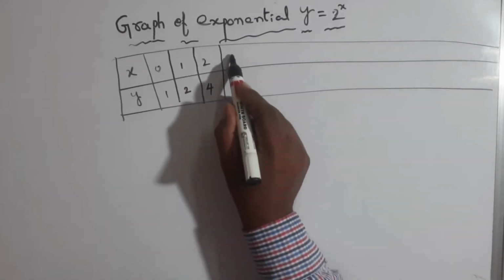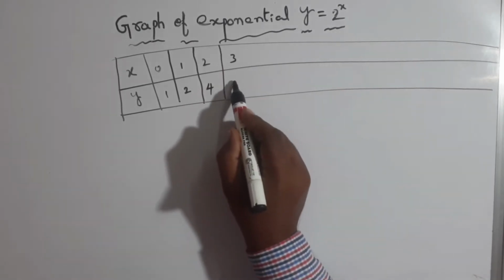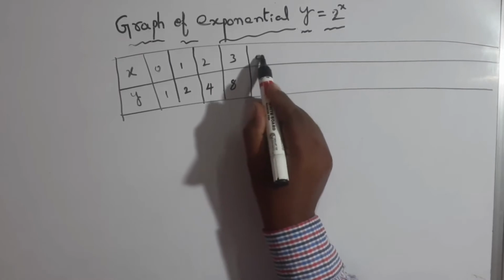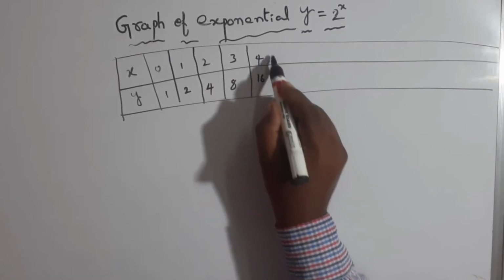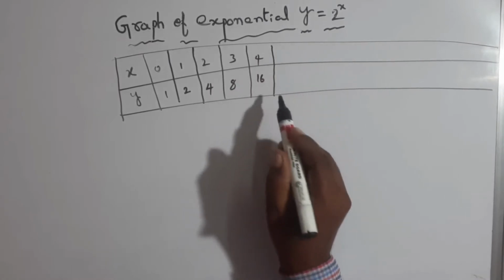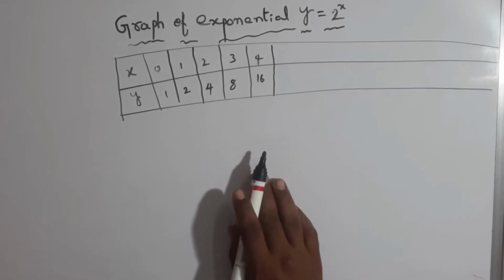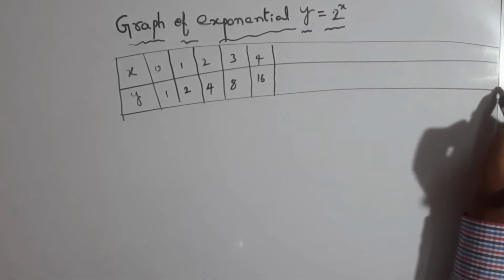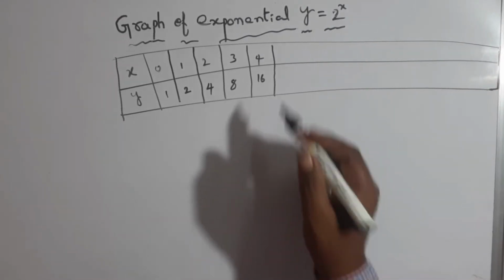What is 2 cube? It is 8. 2 to the power of 4, it is 16. So you can take a number of values, but if you take more values, it is somewhat difficult to draw the graph properly.